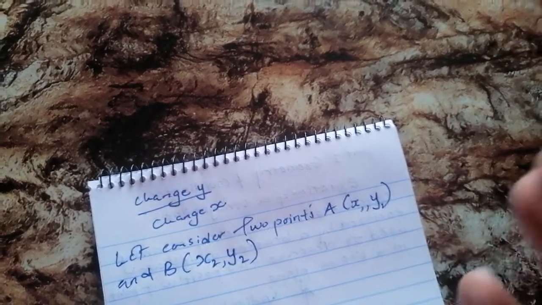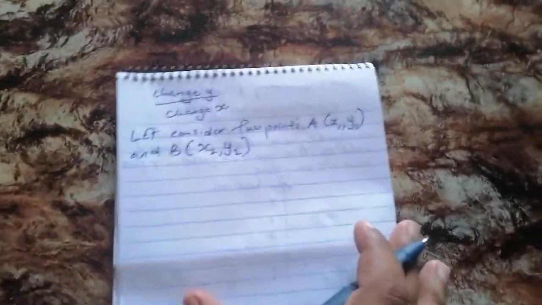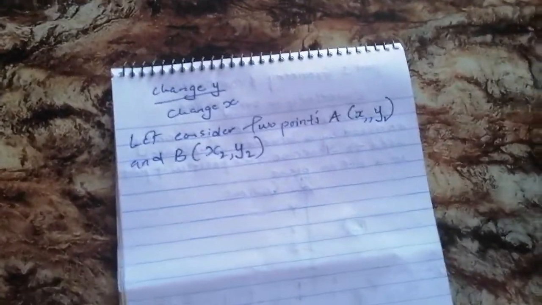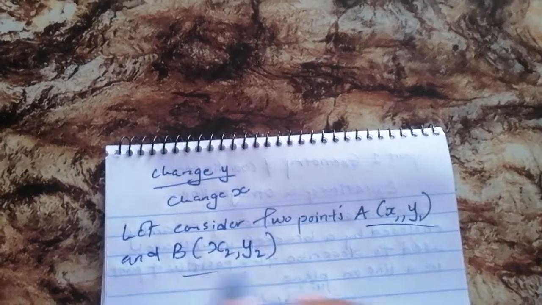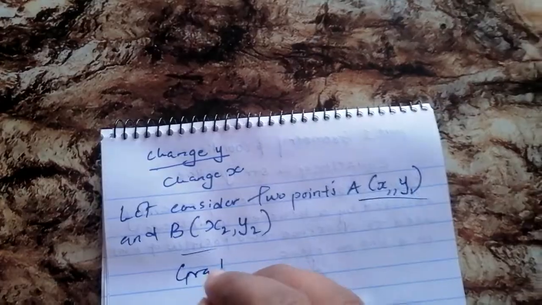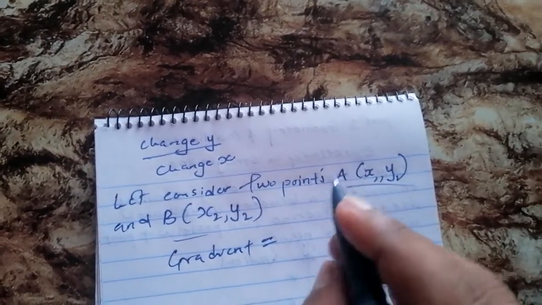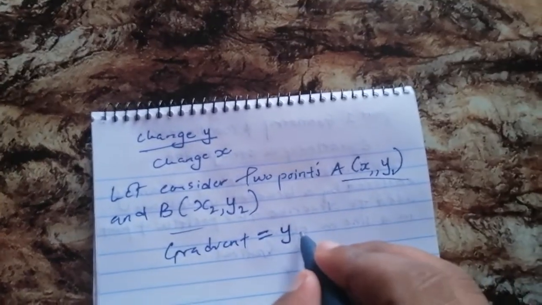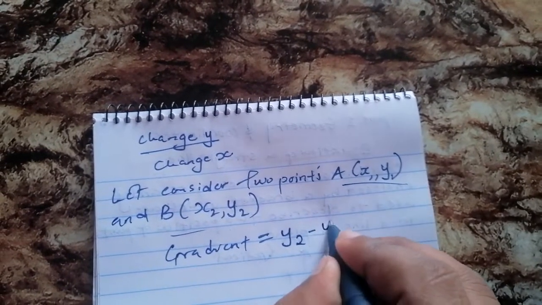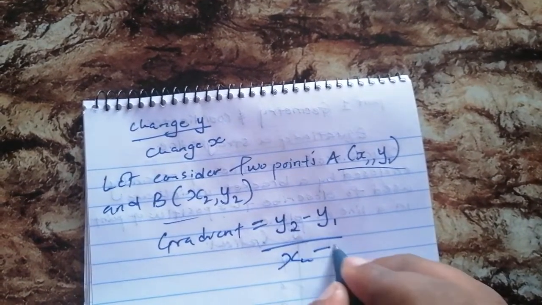Remember we said when we are marking our points, we start with the x-axis, we read from x to y. The gradient, what you also call the slope of a line, is given by change in y over change in x, so it's y2 minus y1 over x2 minus x1.